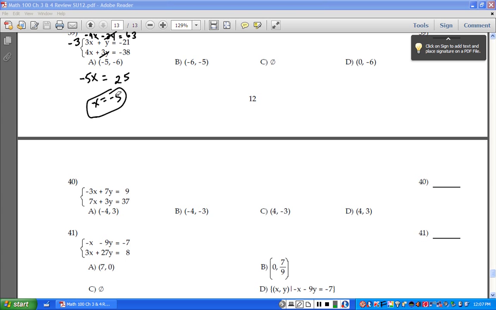So now I want to plug negative 5 in to one of my initial equations, because x is negative 5. So that would give me 3 times negative 5 plus y equals a negative 21.